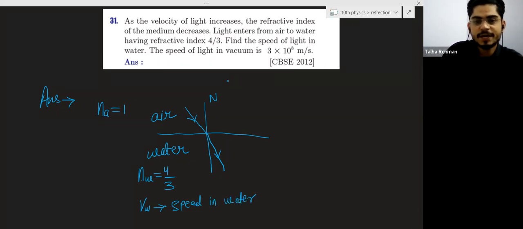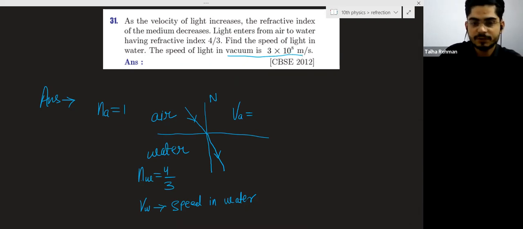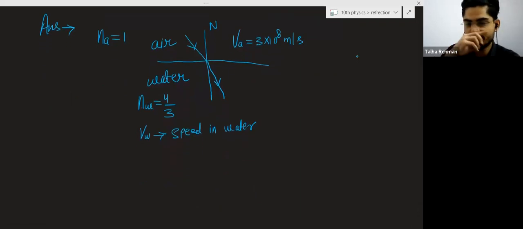And the speed of light in vacuum or air is the same, 3 into 10 to the power 8 meter per second. We have already solved this question in the last class.